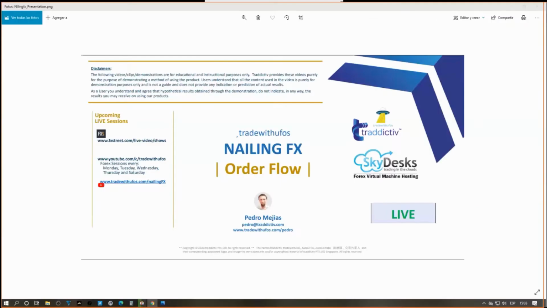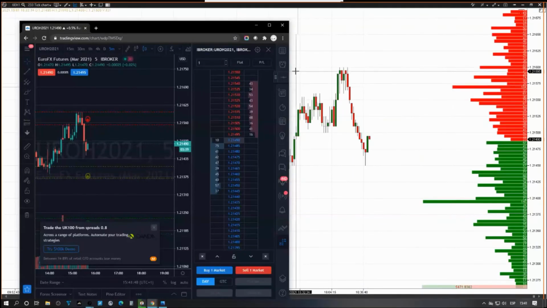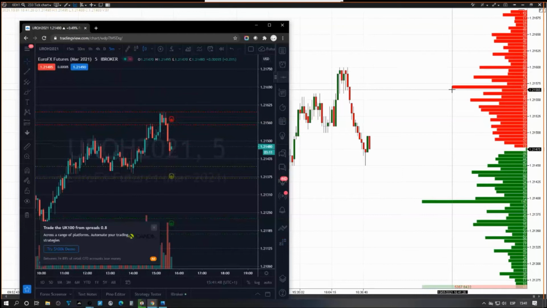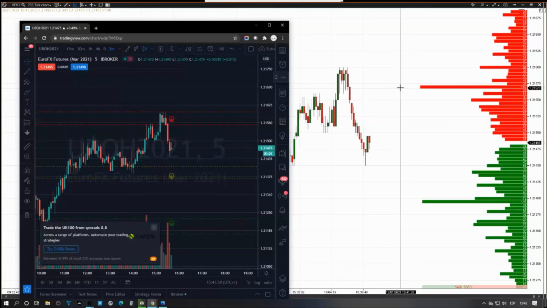You need a data feed to look at this information. So this will give you an advantage over all the other traders that don't use data for trading. And this is just one little thing that we can use to have an edge over the other traders, because this is a competition.